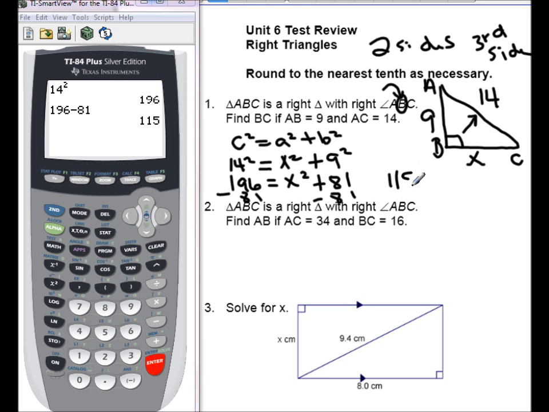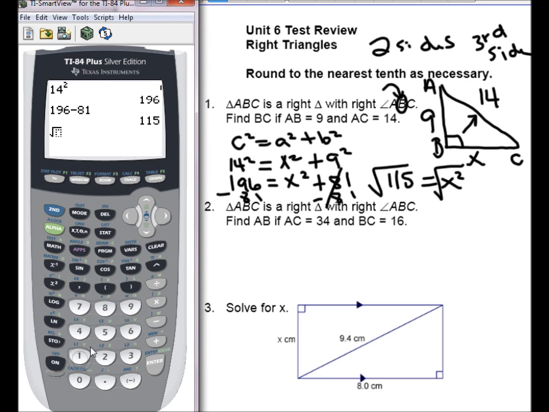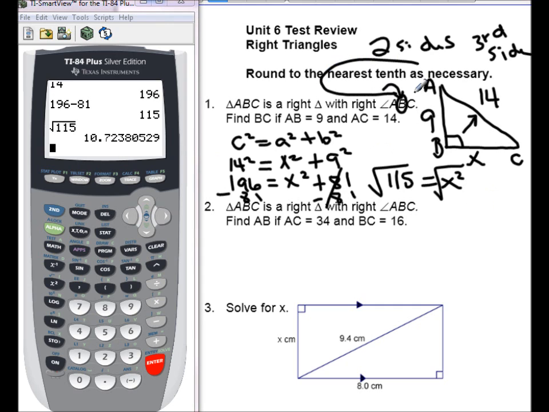So 115 is my X squared. And to find my X, I take the square root of both sides of my equation. So second X squared, 115. And that gives me 10.72, but we want to round to the nearest tenths. So X is approximately 10.7.